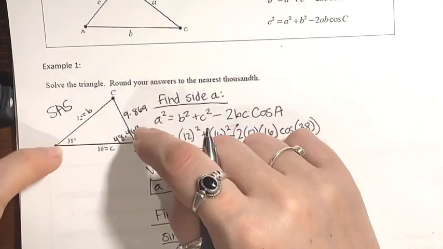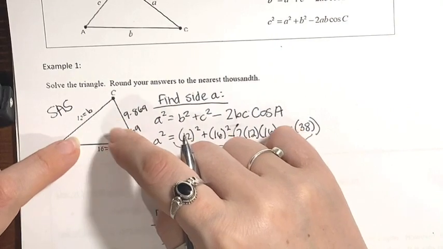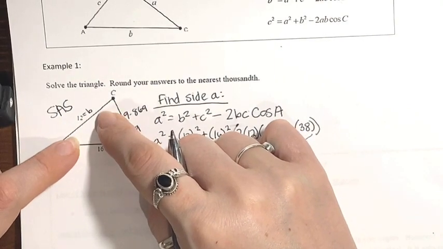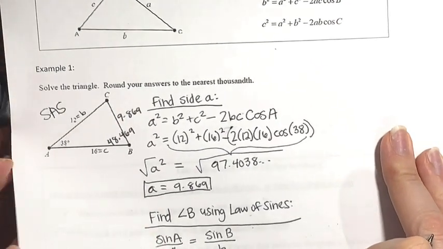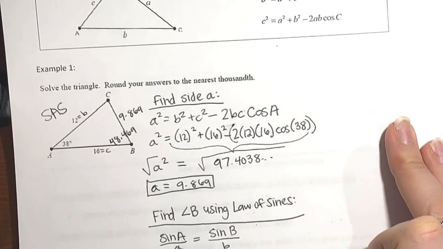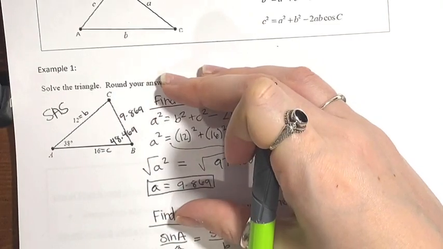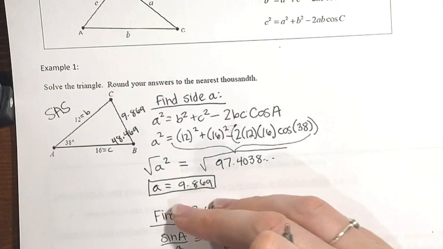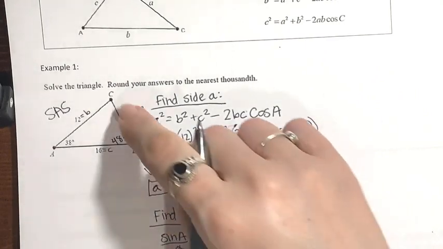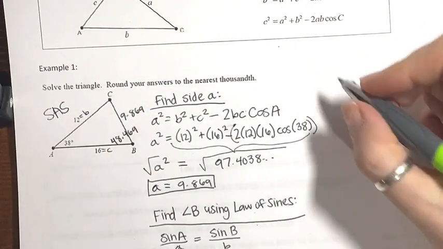If I have two angles in a triangle, isn't there an easy way to find the third? We can just subtract from 180. That's the nice thing with the law of cosines problems: you're only going to do law of cosines the first step. Then you have enough information, you have a pair to do law of sines for the second step. But then the third step, you can just subtract from 180.